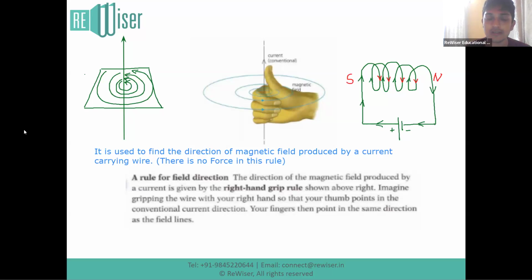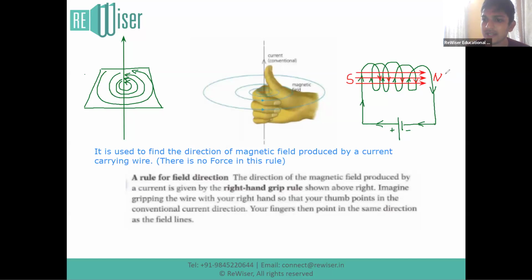And through the coil, the magnetic field pattern will be a straight line. I'll repeat again. Through the coil, the magnetic field pattern will be a straight line as seen here.